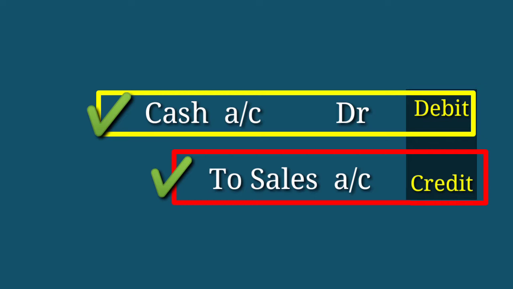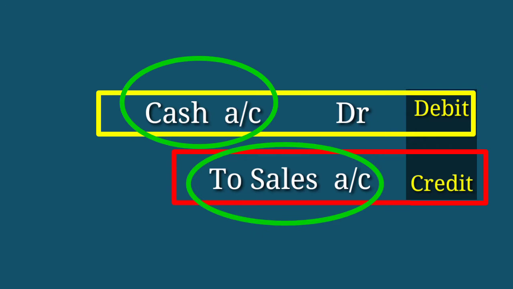For that purpose, I have taken a few entries to explain the ledger and posting. In the journal entry, what names did we use?